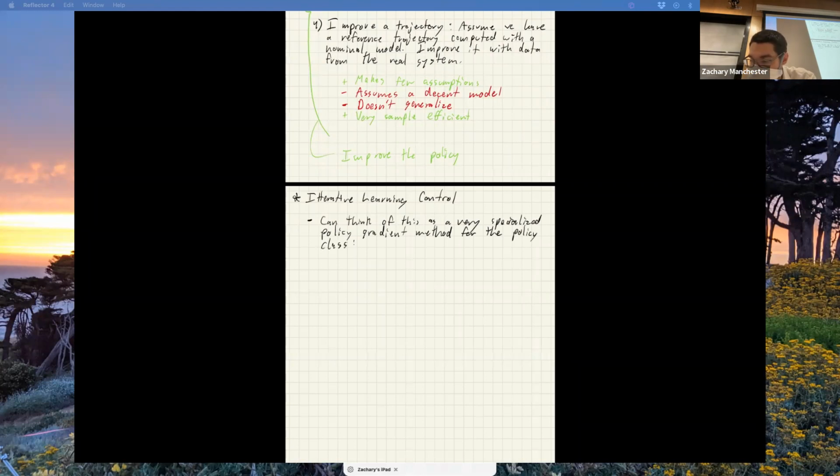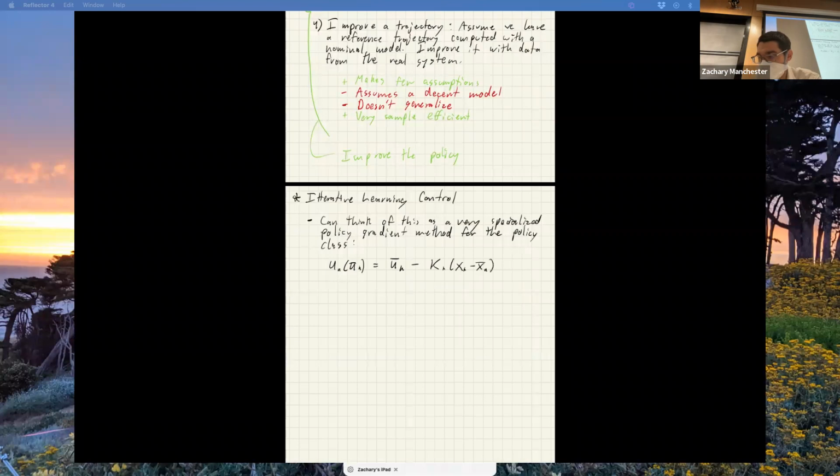Basically, I have a control policy u_k that's a function of some reference open-loop control, u bar_k. I want to think about it as a controller that looks like some reference control trajectory u bar, and then maybe some feedback policy in here, but I don't really optimize this.